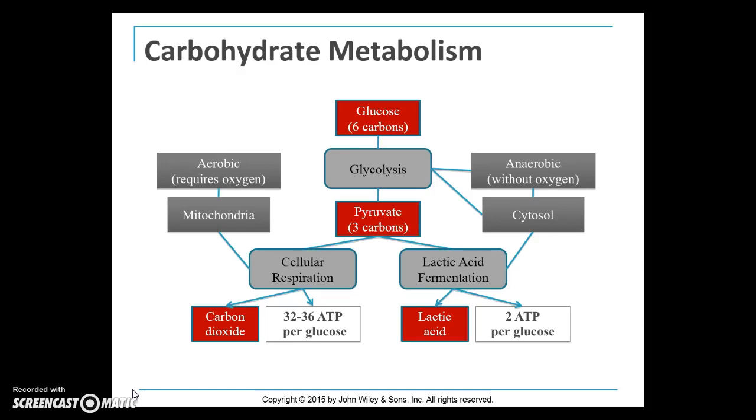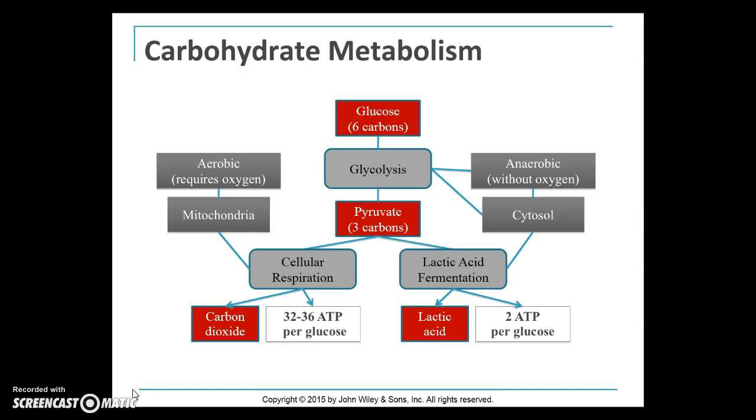So here we see the glucose with 6 carbons broken down by glycolysis in anaerobic conditions, without oxygen. We can see, go all the way to the bottom right, without oxygen, we don't get a lot of ATP or a lot of energy. But with oxygen, carbohydrate metabolism produces a lot of energy.